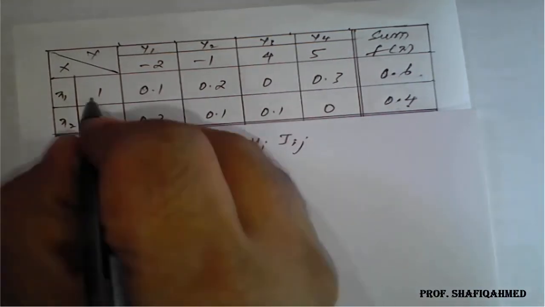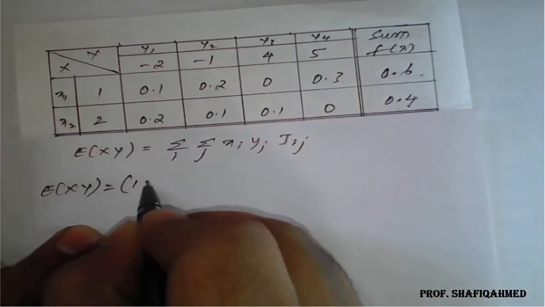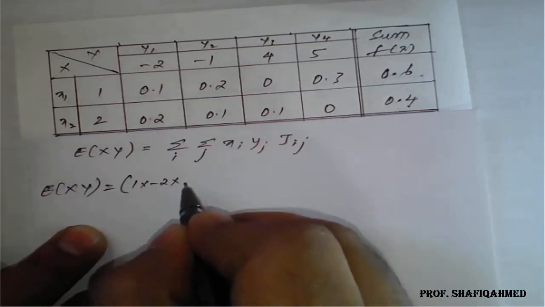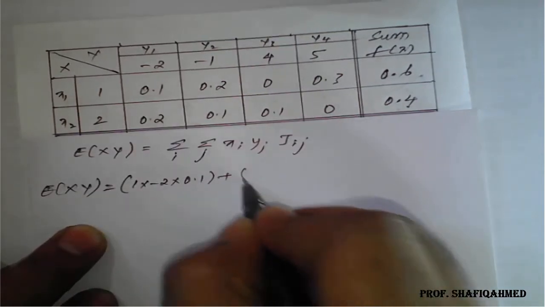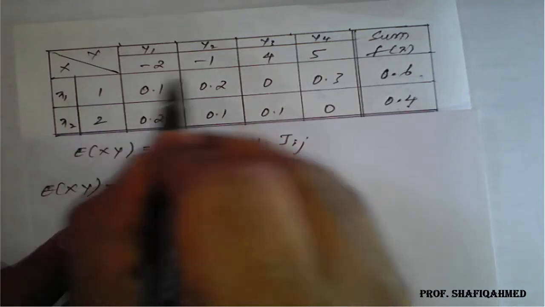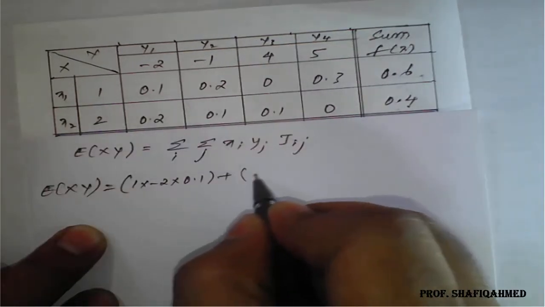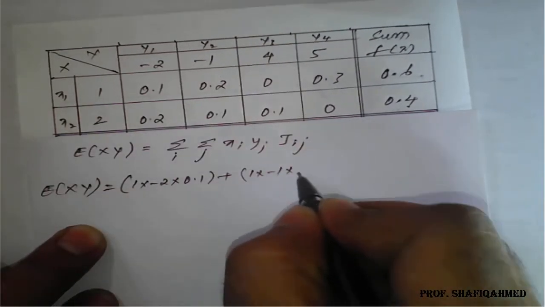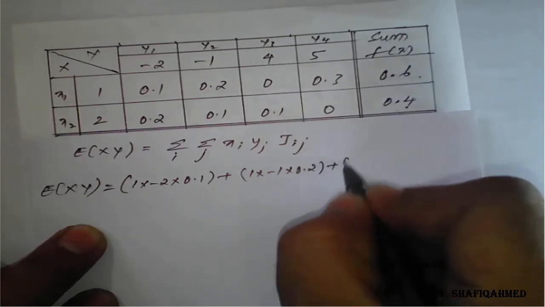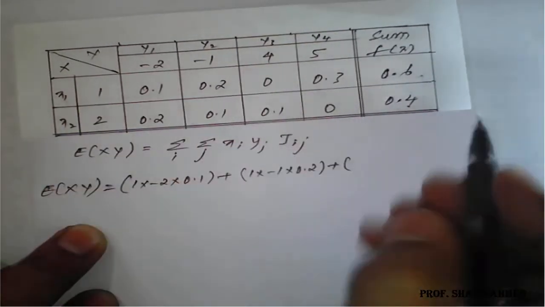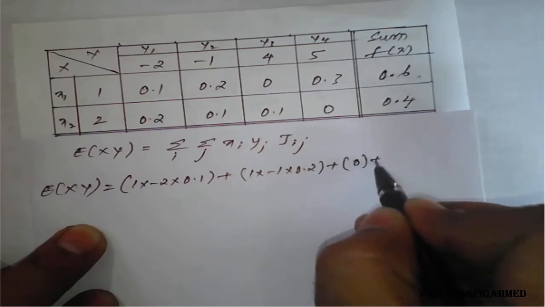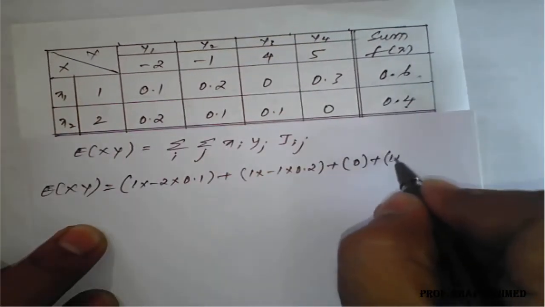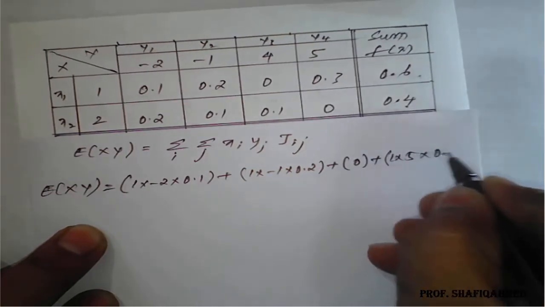So first value is 1 into minus 2 into 0.1, plus, first row we need to complete, 1 into minus 1 into 0.2, plus 1 into 4 into 0, which is 0, plus 1 into 5 into 0.3.